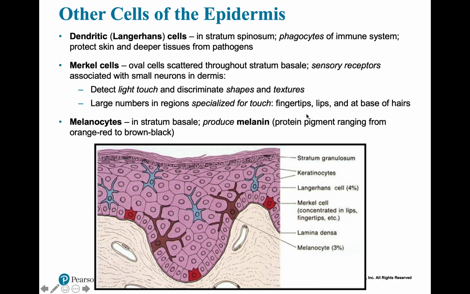A pigment is a molecule that has the ability to absorb certain wavelengths of light. And so melanin has the ability to absorb certain wavelengths of UV radiation, and it protects us from damaging our DNA. All right, so this is another line of protection from the environment, from UV radiation in our environment.